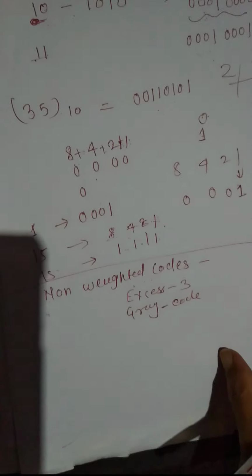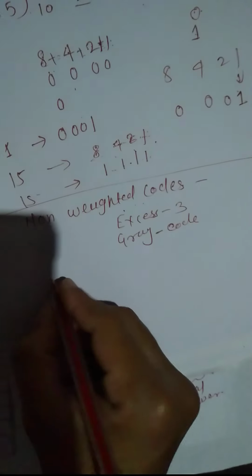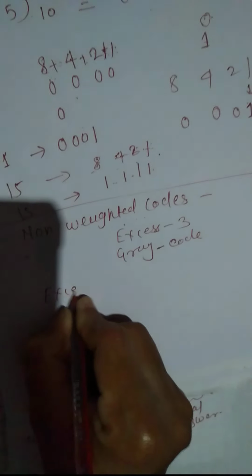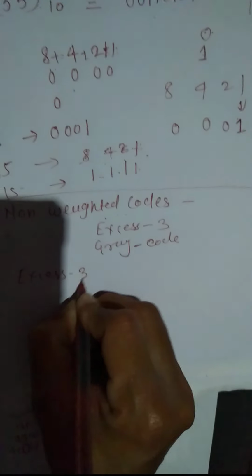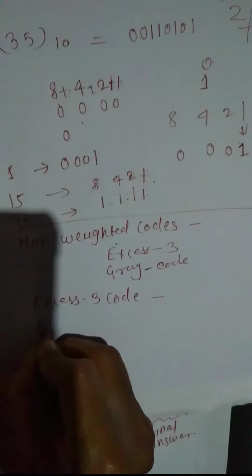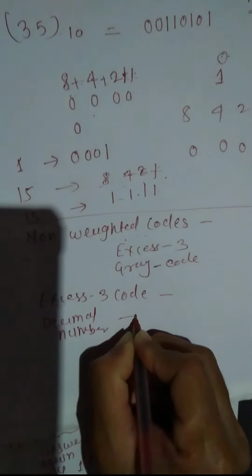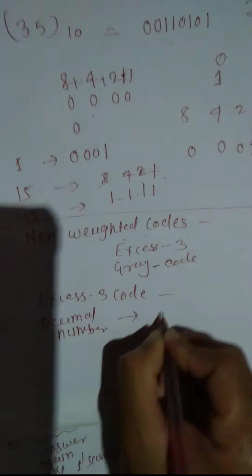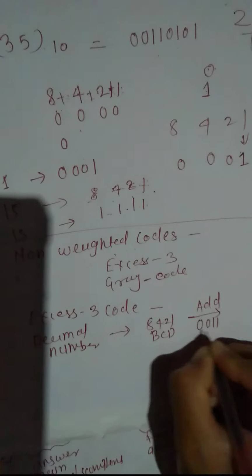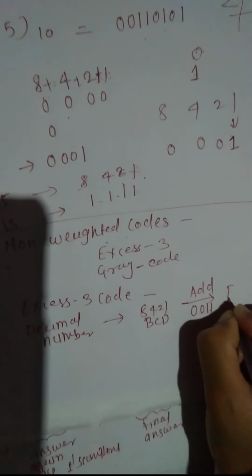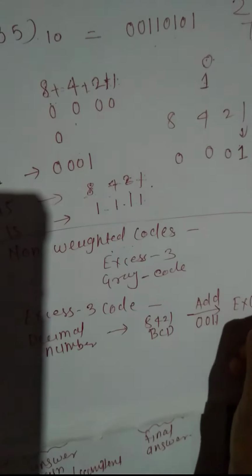To obtain it, we first write the decimal number in 8421 BCD, and then add 3, which is represented as 0011, and we get the XS3 code.